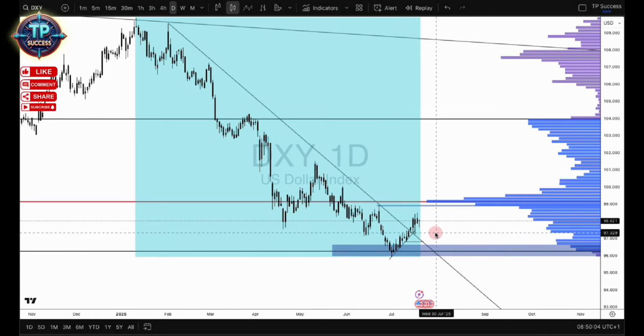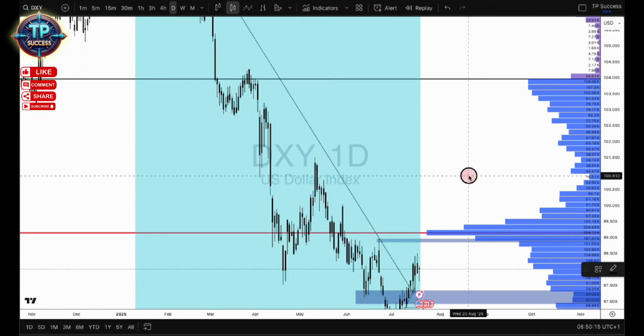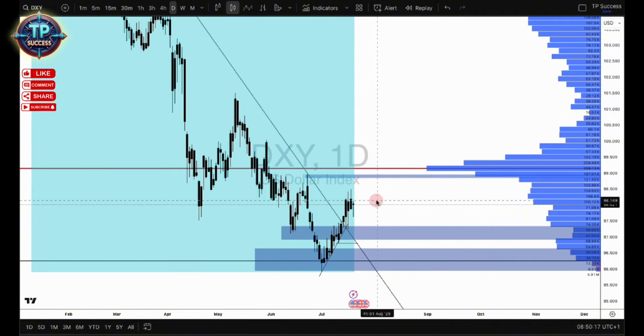Okay, and then I will highlight this area right here, which too is another low volume node area also, right? And then as price begins to move up towards the point of control, what you would notice with EURUSD is EURUSD will also begin to fall as well, right? It will begin to fall as well.